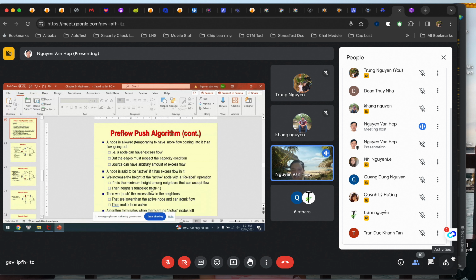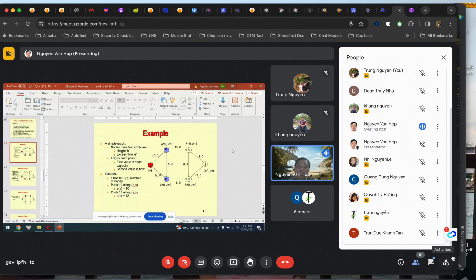The idea of this is that in order to make the flow, the height of the source node, the original node, should be higher than the receiving node. Now, at the beginning, you see that only the source node has the highest height, equal to 6, the total number of nodes.